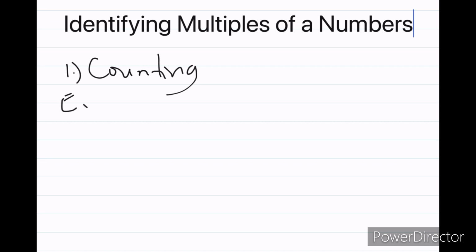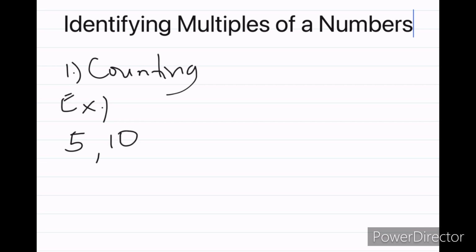For example, if we are going to identify the multiples of 5, first we need to count by 5. Start with 5, then count again by 5: 6, 7, 8, 9, and 10.